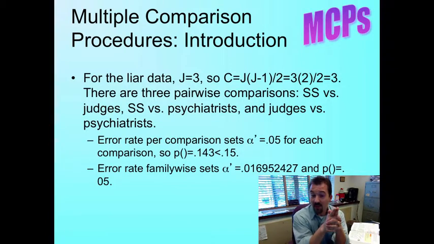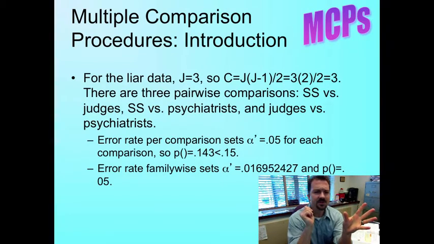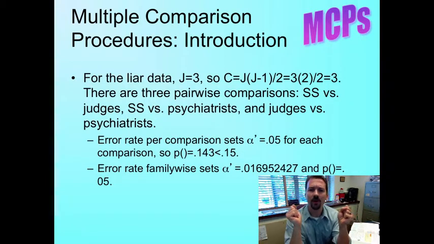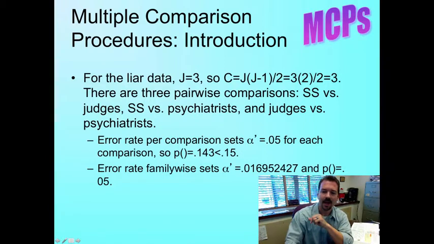Well, normally you'd be happy because you'd say, hey, I thought that Secret Service would be better than judges, and sure enough, the mean for Secret Service is higher than the mean for judges at p of 0.04. You're used to comparing it to an alpha of 0.05, but in this case, that's not accurate.